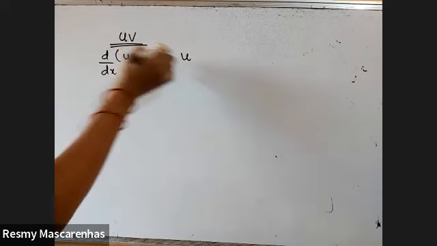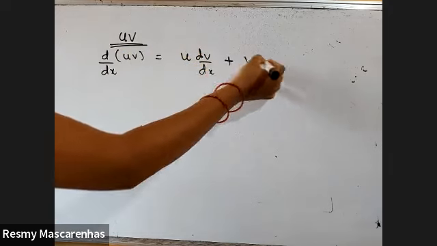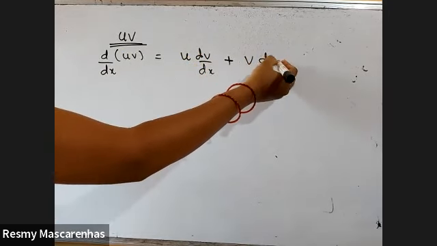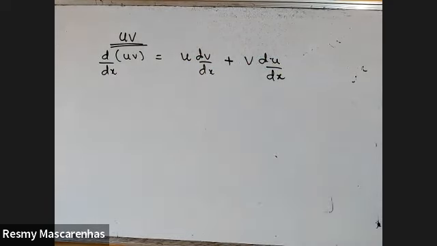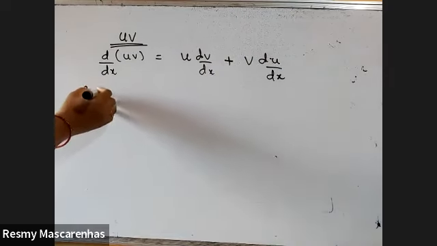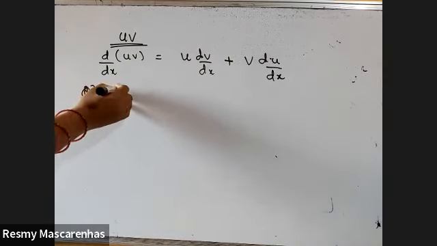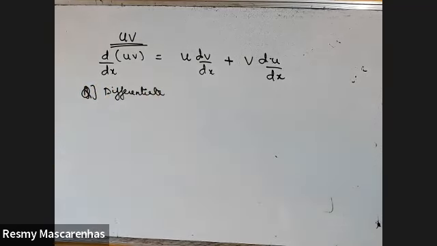Take u out, take the derivative of v, plus write v out, take the derivative of u. Let's start with the first one. Differentiate means find the derivative of.